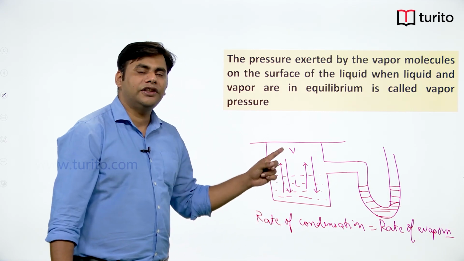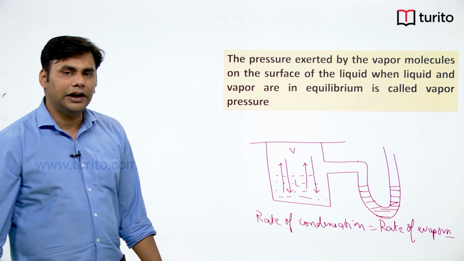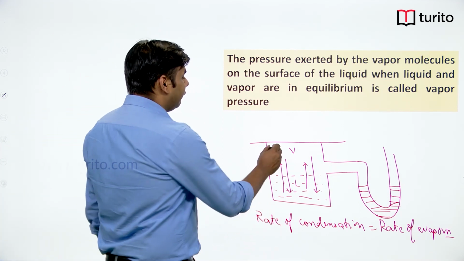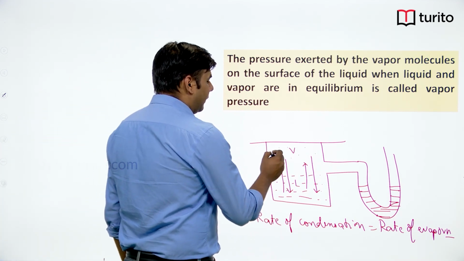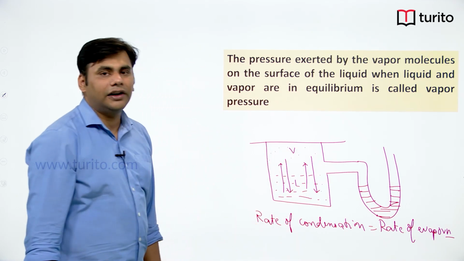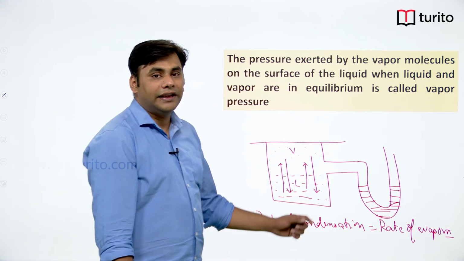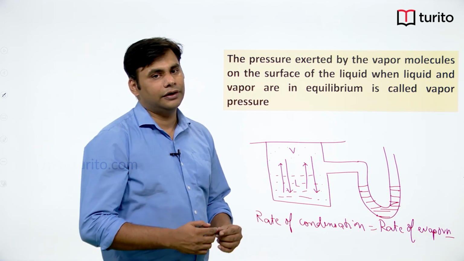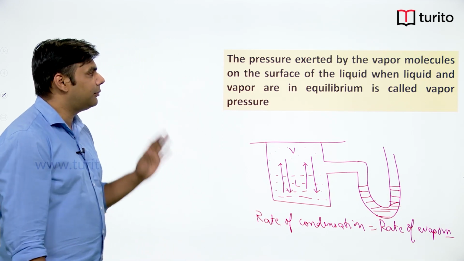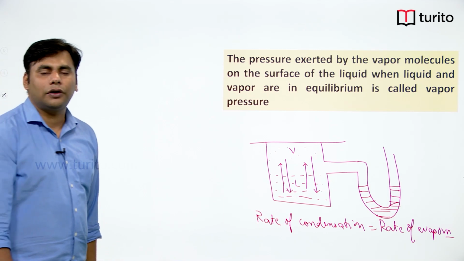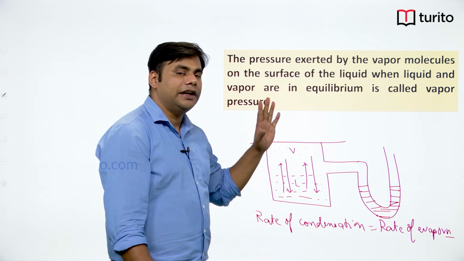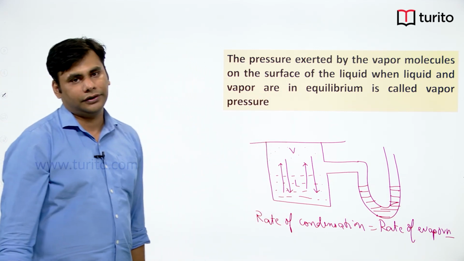At that point we say that an equilibrium is established between liquid and vapor. Now the vapors will always exert a pressure on the surface of the liquid. That pressure is known as vapor pressure. So the pressure exerted by the vapor molecules on the surface of the liquid when liquid and vapor are in equilibrium is called vapor pressure.